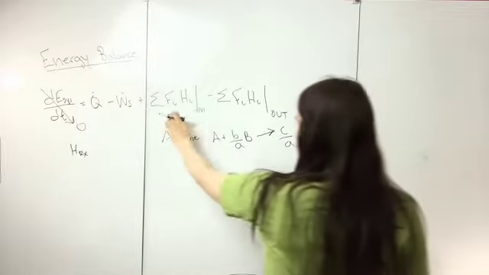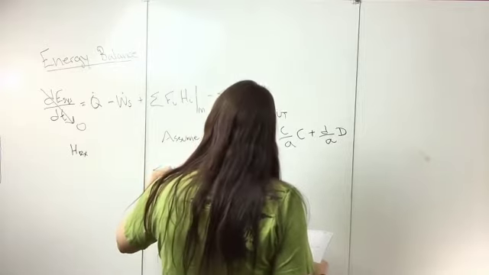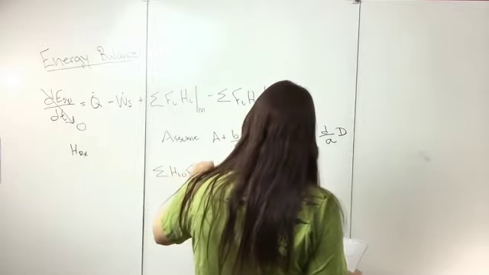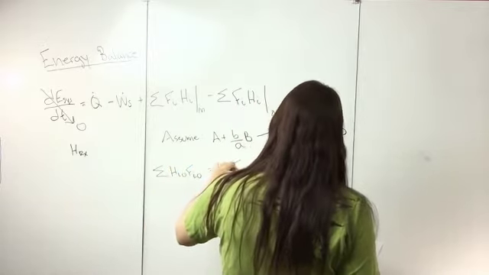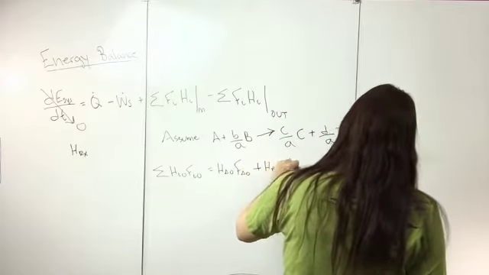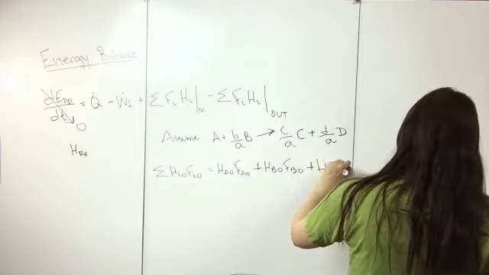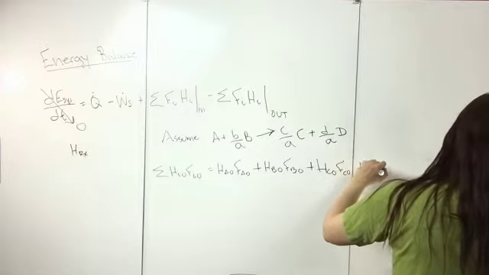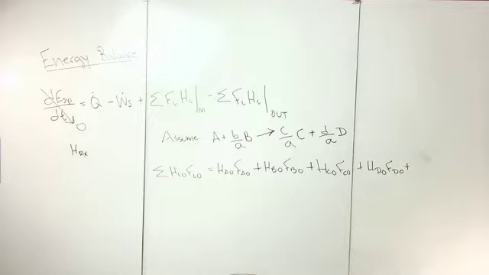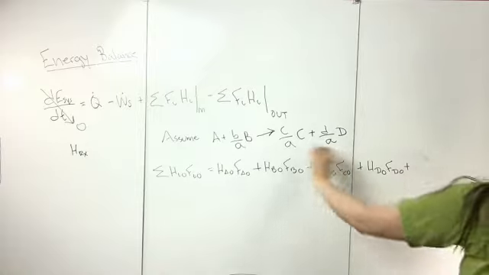Then we can rewrite these as, so H_I0 F_I0 is equal to H_A0 F_A0 plus H_B0 F_B0 plus H_C0 F_C0 plus H_D0 F_D0 plus, and then we also need a term for inerts because there might be inerts involved that wouldn't be written in this equation.